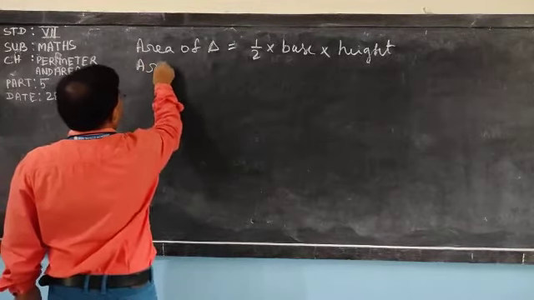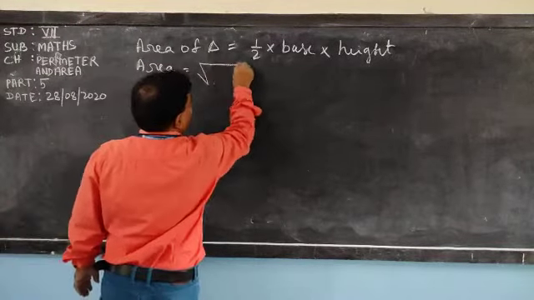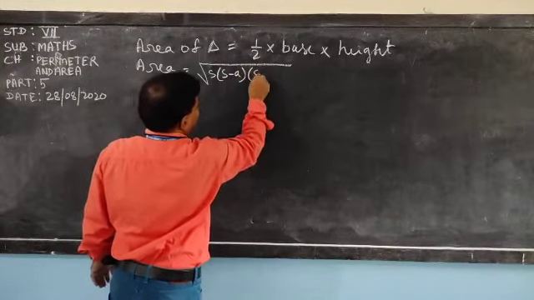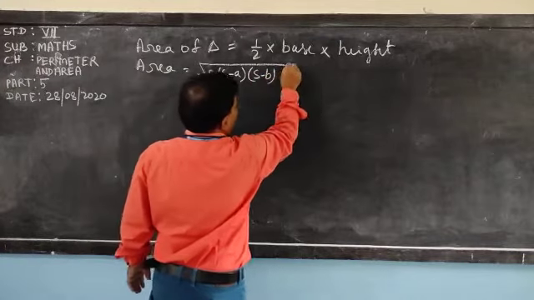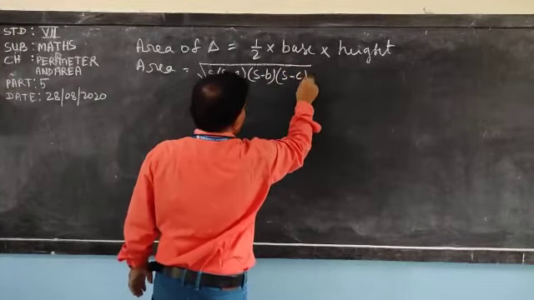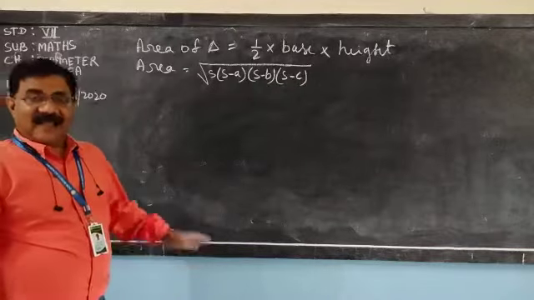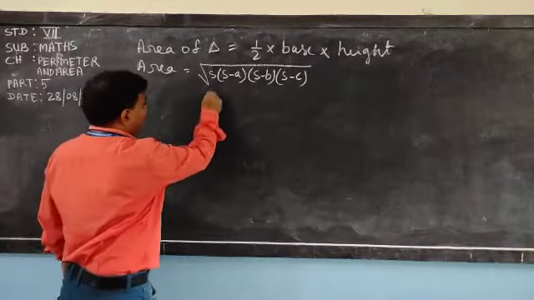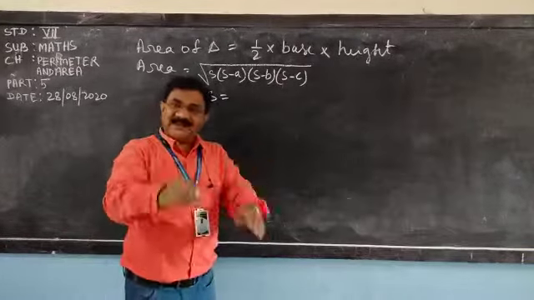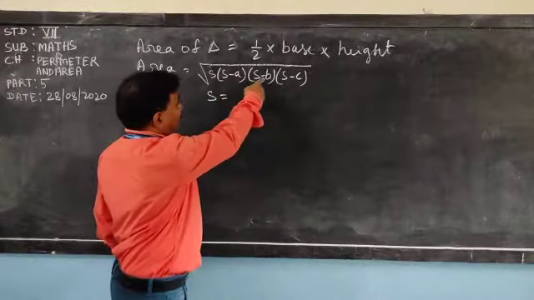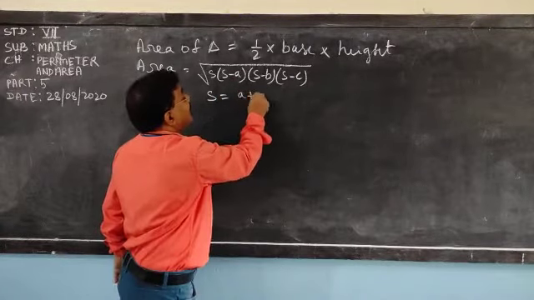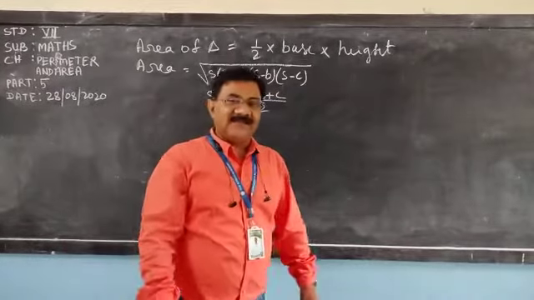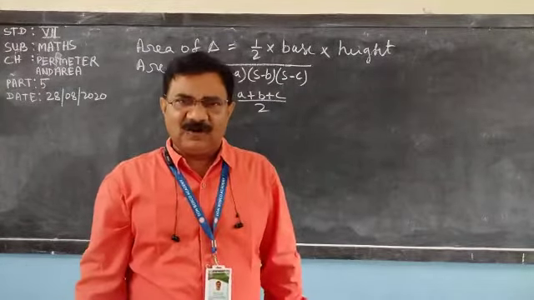Area is equal to root over S into (S minus A) into (S minus B) into (S minus C), and S is the semi-perimeter, which is the sum of the three sides A, B and C, divided by 2. That is Heron's formula.